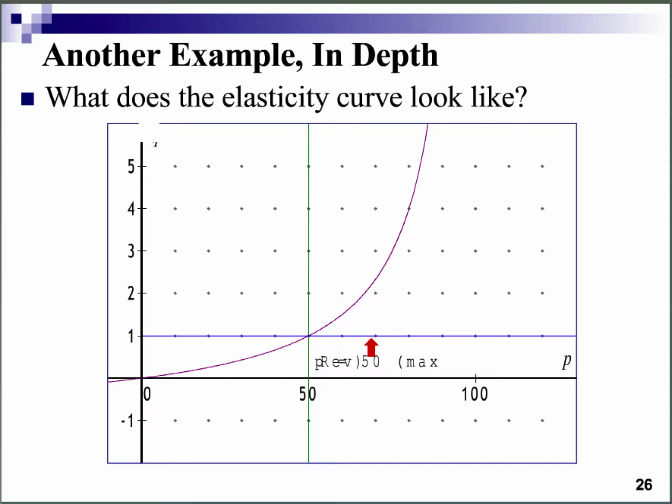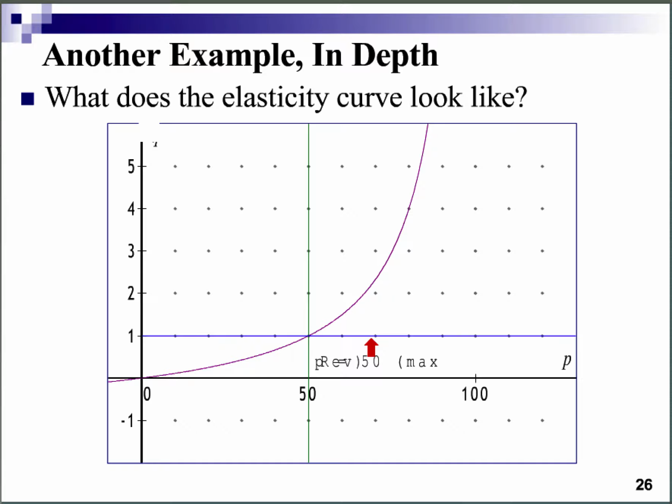So notice to the left of 50, to the left of that vertical line that you see there, all of the values on the elasticity curve are below 1. They're all below that flat blue line that goes through 1. So those are all inelastic price points.